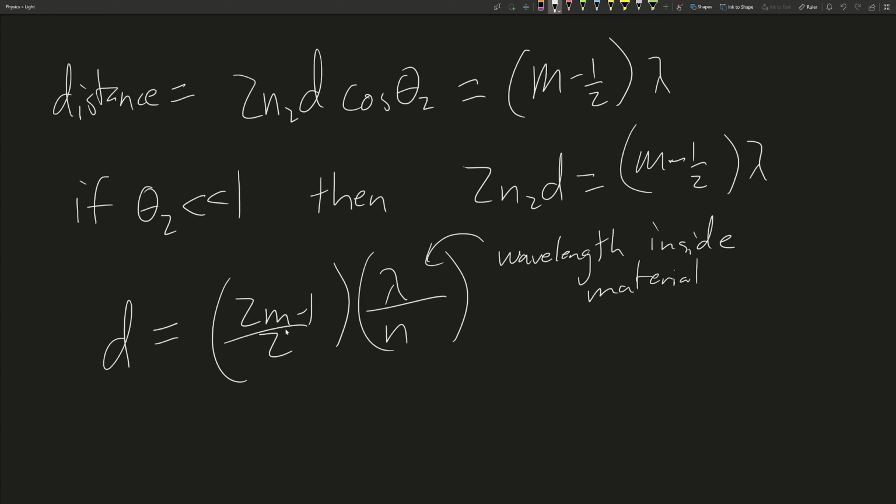And then notice that this section right here, 2m minus 1, is just any odd whole number. So this can be 1, 3, 5, 7, and on and on.